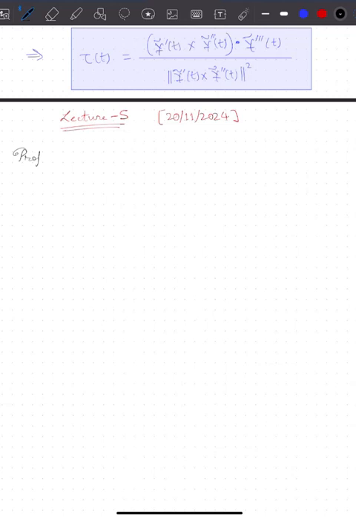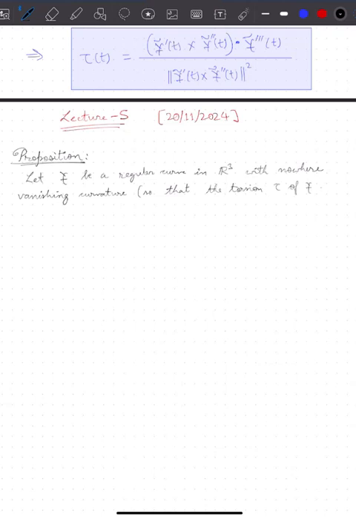The proposition goes: let gamma vector be a regular curve in R3 with nowhere vanishing curvature, so that the torsion tau of the curve gamma is defined.